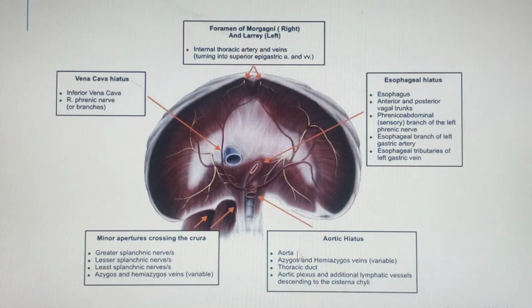Not only are we having the aorta, but the azygos and hemiazygos veins, or the azygos system of veins, will go through that, the thoracic duct, as well as the aortic plexus. But mainly, AAT will go through: the aorta, azygos and hemiazygos system, and of course, thoracic duct.